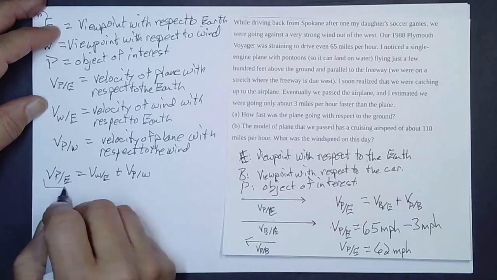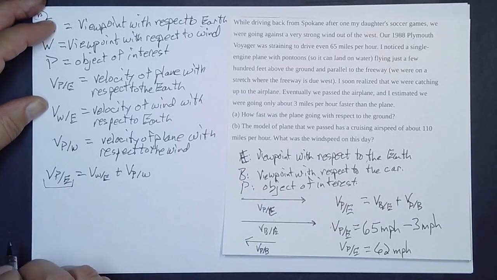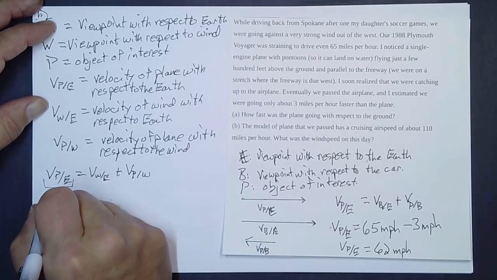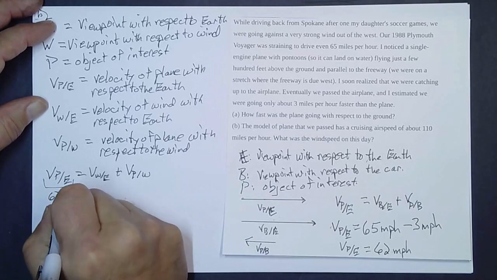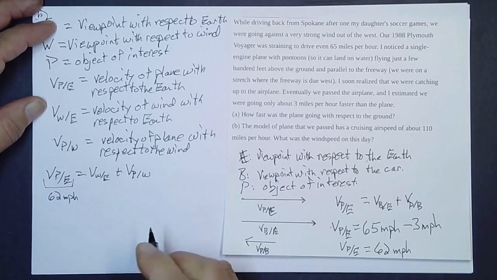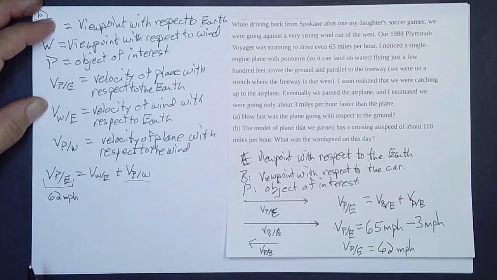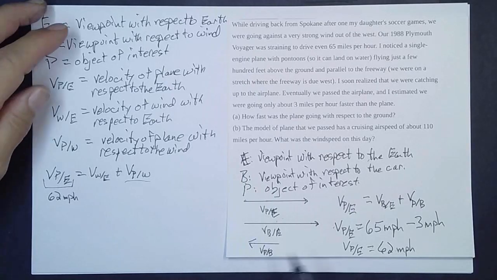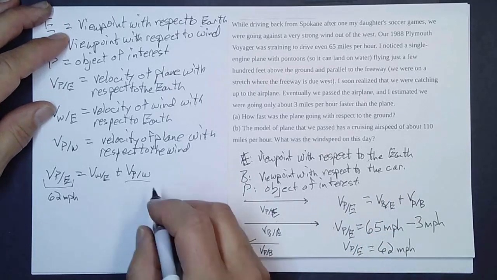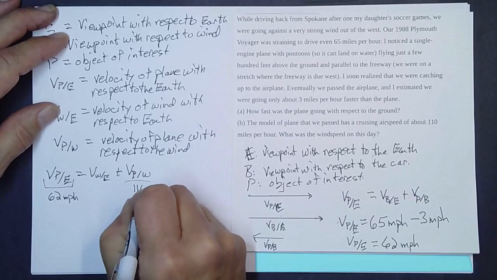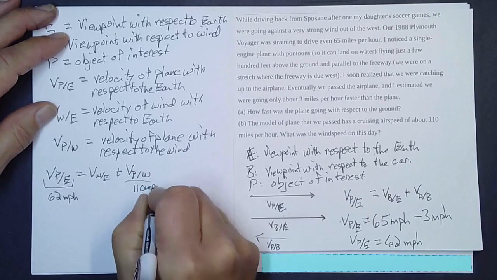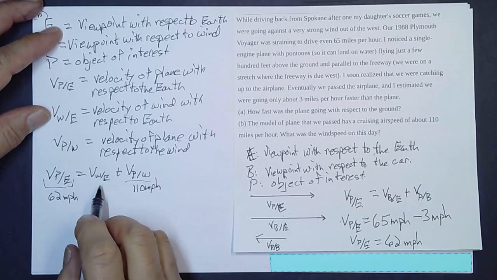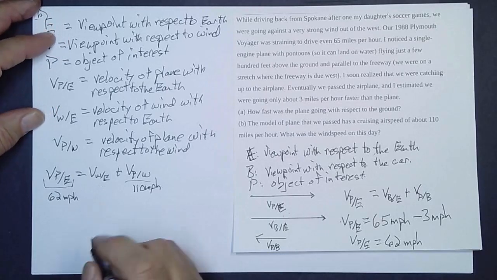Now, we happen to know the velocity of the plane with respect to the Earth is 62 miles per hour. We happen to know that the velocity of the plane with respect to the wind is 110 miles per hour. And it's the velocity of the wind with respect to the Earth that we don't know.